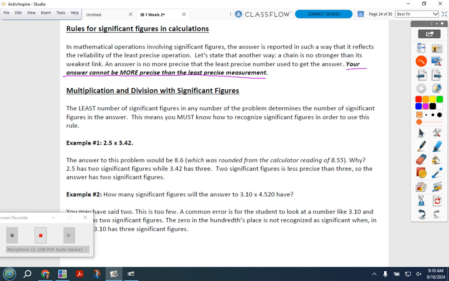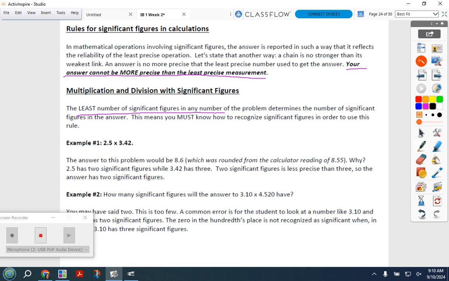When you are multiplying and dividing, it's the least number of significant figures, regardless of where the decimal place is. So whichever number that's going into the calculation has the smallest number of sig figs, that's how many sig figs you get in your answer.